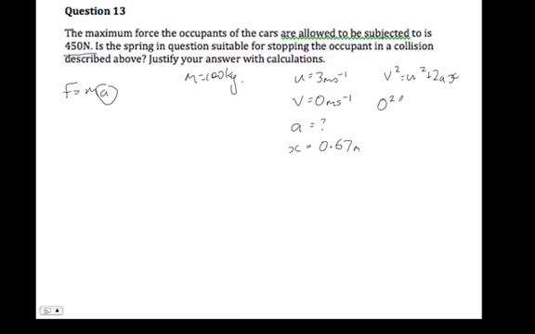V squared is 0 squared equals 3 squared plus 2 times a times by 0.67. 0 equals 9 plus 2 times 0.67 is 1.34. 1.34a minus 9 equals 1.34a. A equals minus 6.7 metres per second squared.